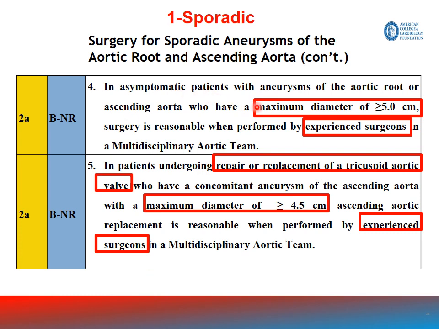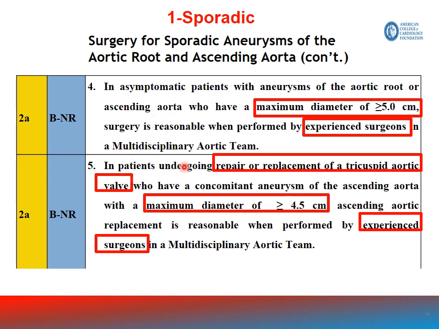The other indication for intervention is maximal aortic diameter of 5 centimeter if the surgery will be performed by experienced surgeon as a part of a multidisciplinary aortic team, and this was given a class 2A recommendation.